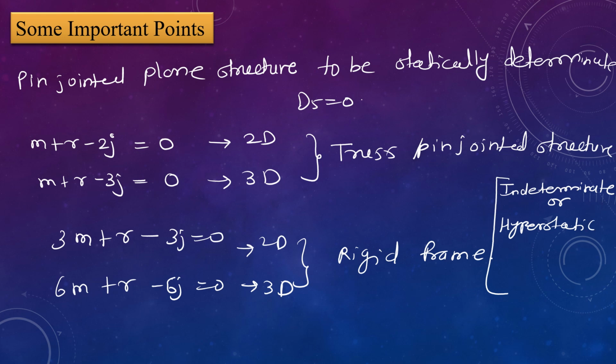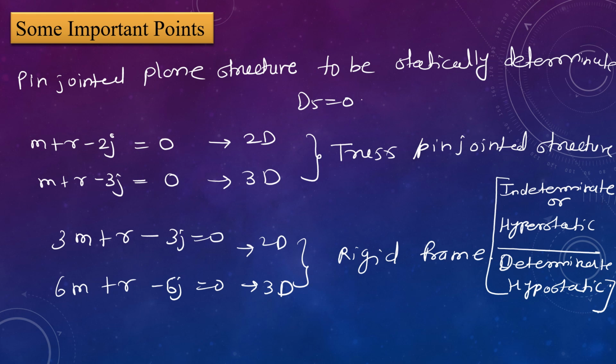Indeterminate is also known as hyperstatic, and determinate is known as hypostatic. These are a few important points.